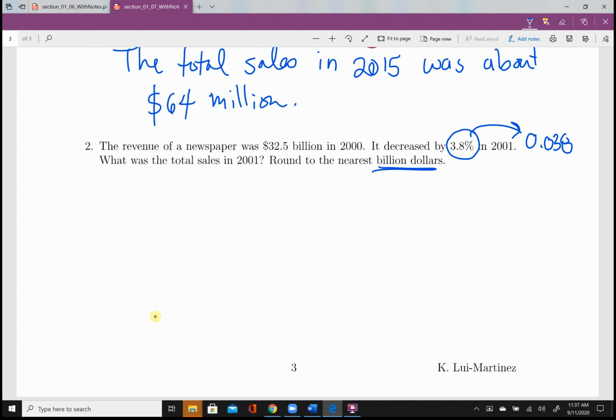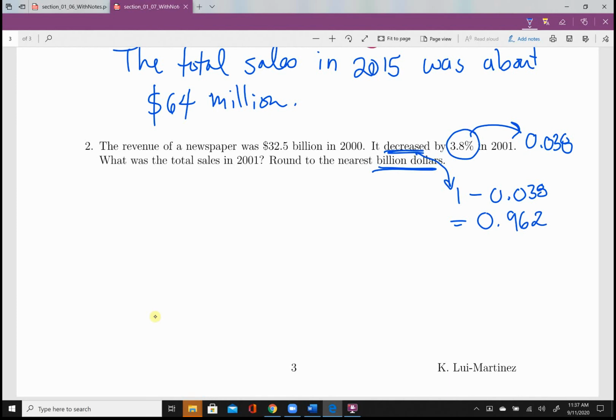And then we need to, because it was said to be decreased, take 1 minus 0.038. And what does that get you? Well, you might actually reach for your calculator for this, or put it down by hand, because it's not as easy as just adding, right? Cool, so this will give you a multiplier of 0.962, okay?